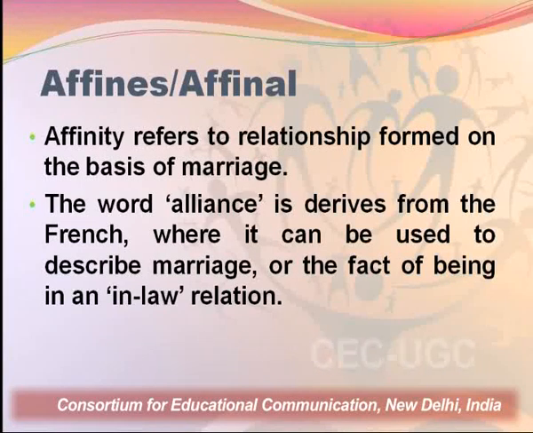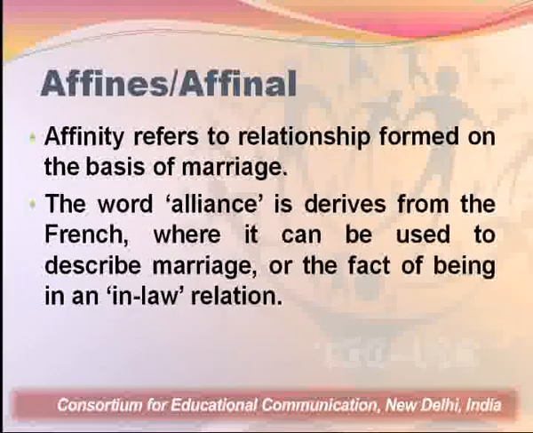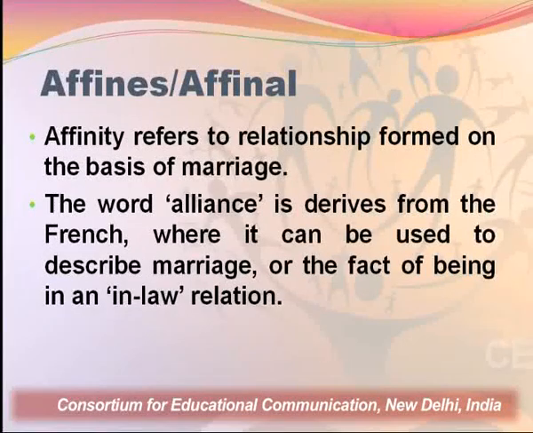Similarly, the relation of a person with the in-laws is also an affinal relation. So, we have categorically two kinds of relation in a family: consanguinal, in the family in which we are born, and affinal, in the family to which we get married. The word alliance is derived from French, where it can be used to describe marriage or the fact of being in an in-law relation. So, that makes it clear what an affinal relation is.